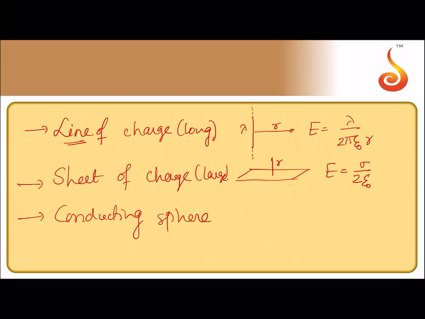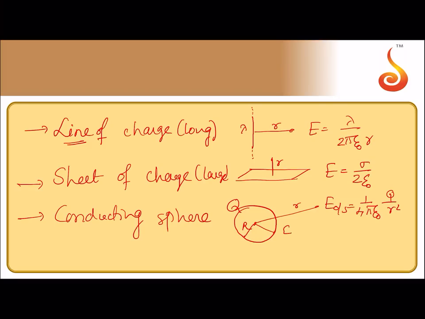And the electric field due to a conducting sphere, remember, it could be a solid, it could be a hollow one, anything for that matter. The electric field at a distance r outside is given by 1 by 4 pi epsilon naught q divided by r square. What is that q? It is the charge on the outer surface, and r is its radius.